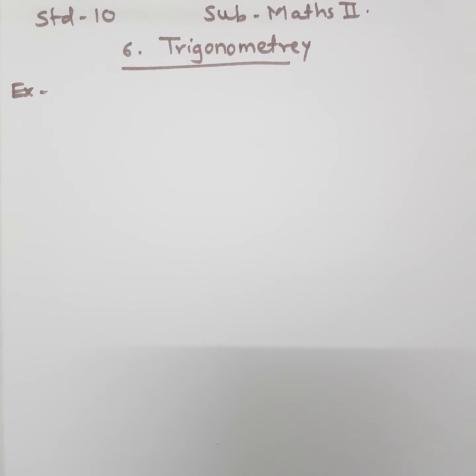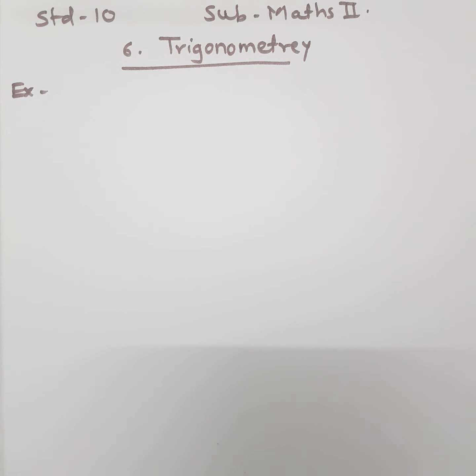Hello students, in the last lecture we learned some examples on application of trigonometry. In solving those examples, terms like line of vision, angle of elevation and angle of depression are important.